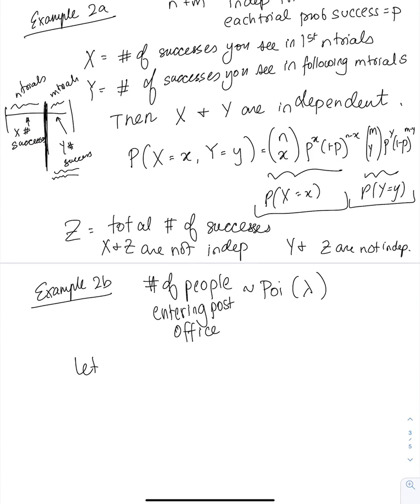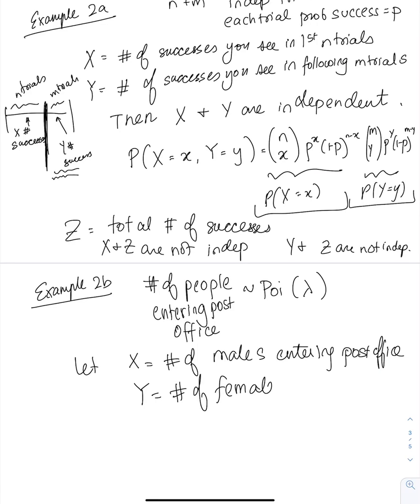Let X be the number of males entering the post office, and Y equals the number of females entering the post office. What you want to show is that X and Y are in fact independent random variables, and each one of them is a Poisson random variable with parameters lambda p for X and lambda times 1 minus p for Y.